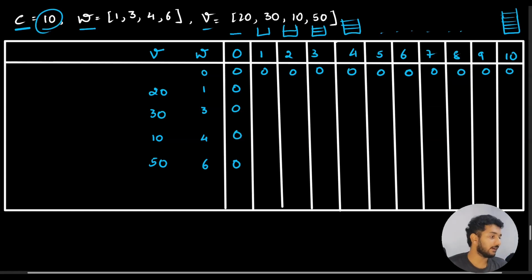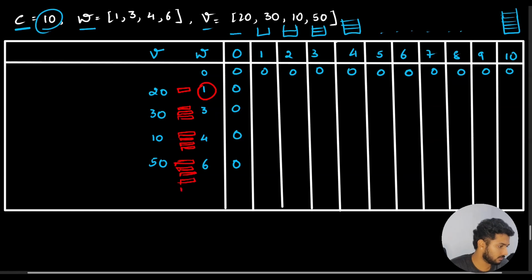Now note the point: this is 1 block, this is 3 blocks, this is 4 blocks, and this is 6 blocks. Because I've mentioned this to be a stack, the stack can have blocks in it.